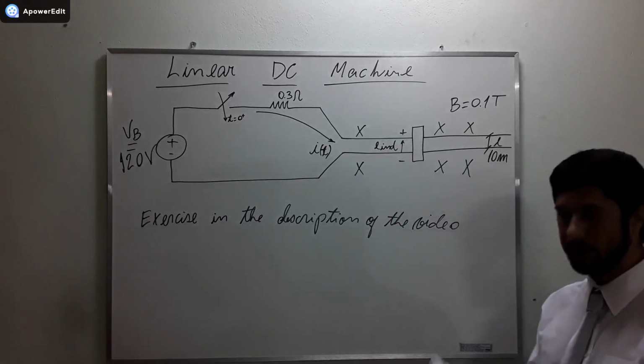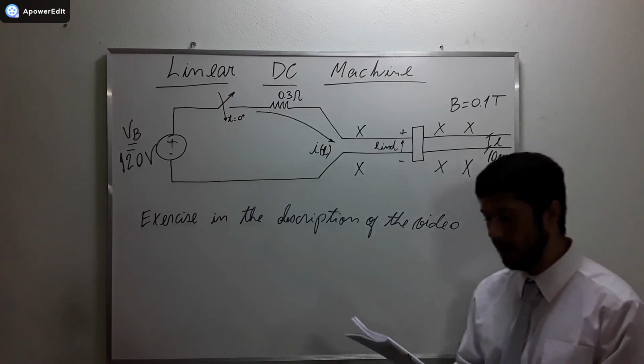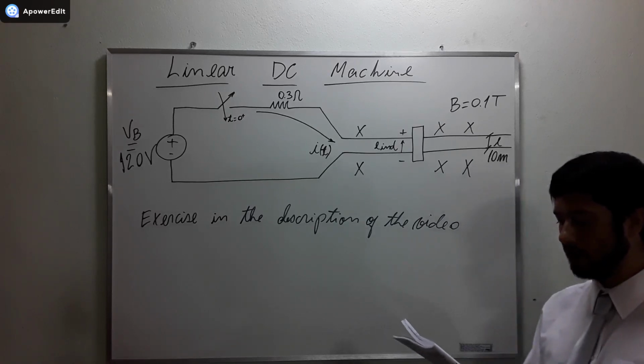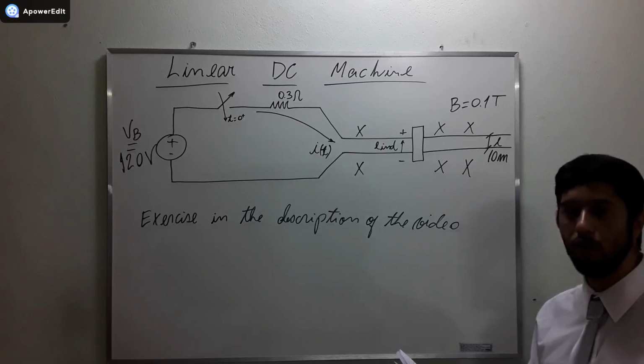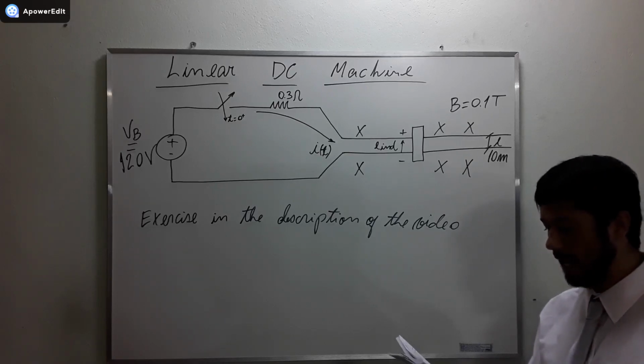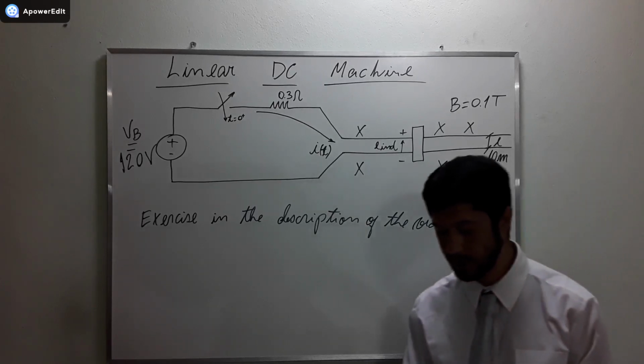The exercise says in letter A, what is the machine's starting current? What is the steady state velocity at no load? Letter B, deposit a 3 kilograms load on the moving bar and calculate the steady state velocity and the consumed power.